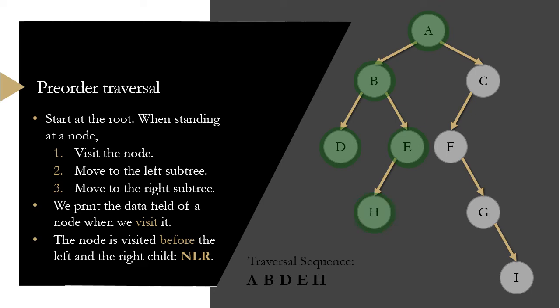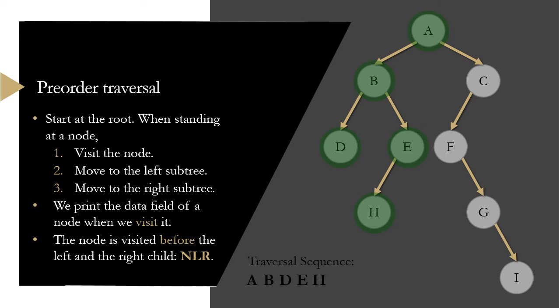Then we move to the left subtree of H, but it's not there. Then we move to the right subtree of H, but that is not there too. So we have done everything for H. Move back to E. We have visited the left subtree of E. Move to the right subtree, but there is none. We have done everything for E.